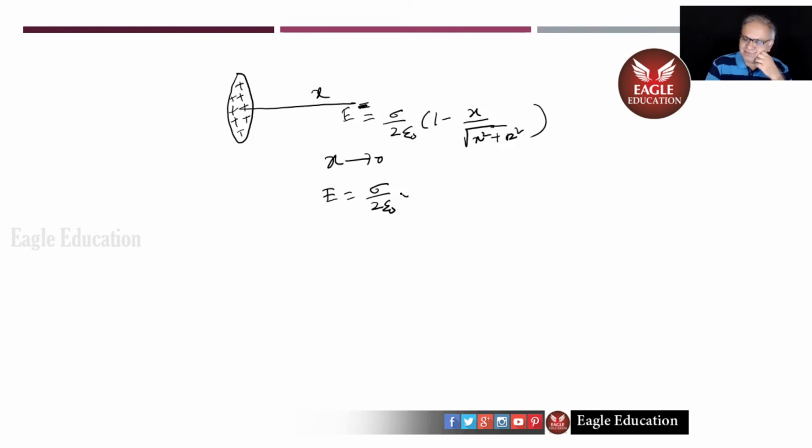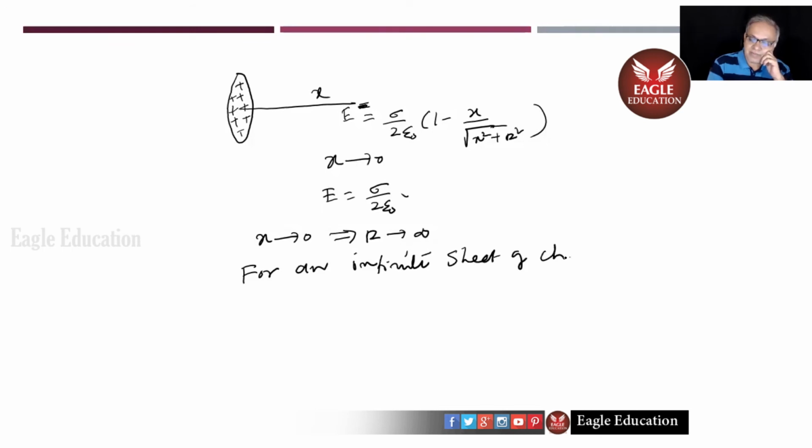Now when x is tending to 0, I can also say it implies R is tending to infinity. Therefore, for an infinite sheet of charge, E equals sigma by 2 epsilon 0, which is independent of the distance from it.